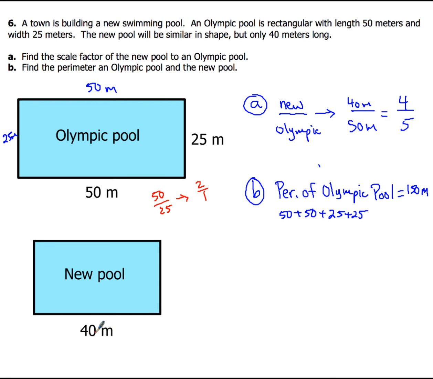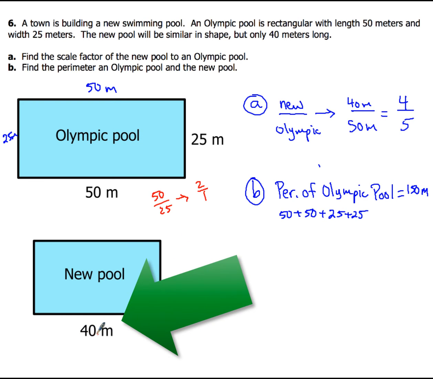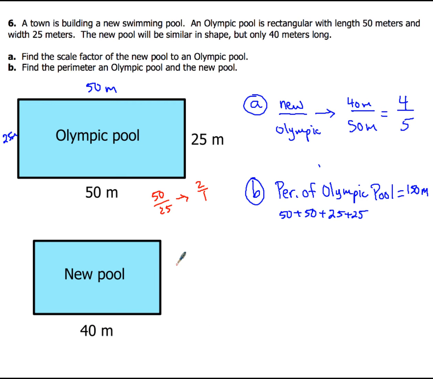Well, check this out. If I know this side here is 40, well, 40 is twice of what number? All right, I'm sure you guys can figure that out. Half of 40 is just 20. So this side is going to be 20 meters, and so is its opposite side. So my two widths are going to be 20 on the new pool, and then my length is going to be 40 meters for that.